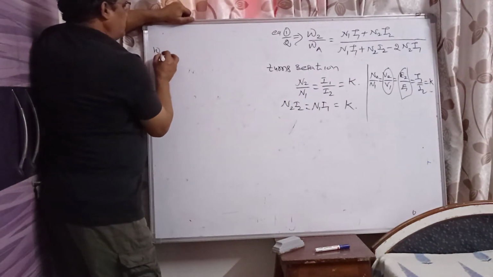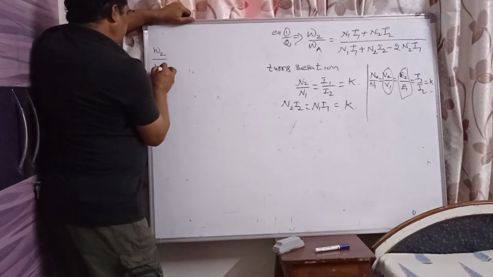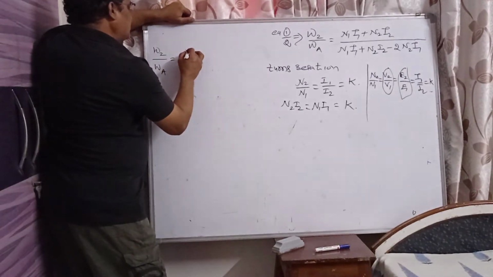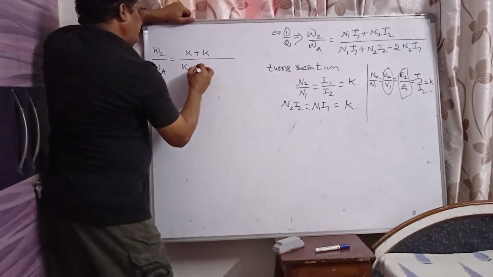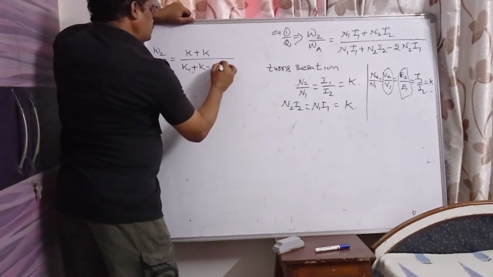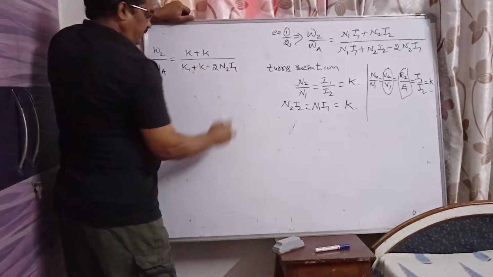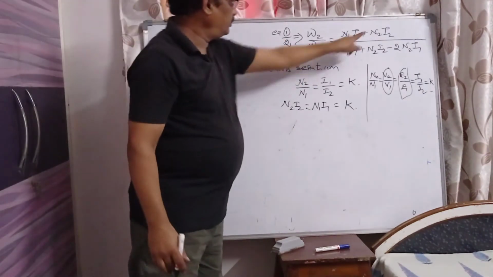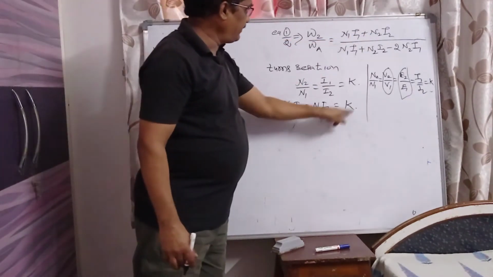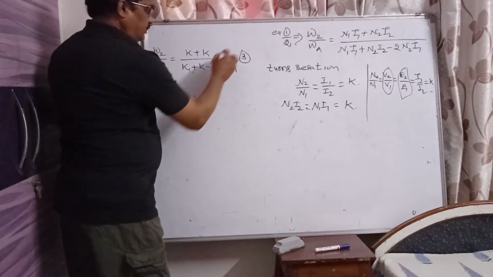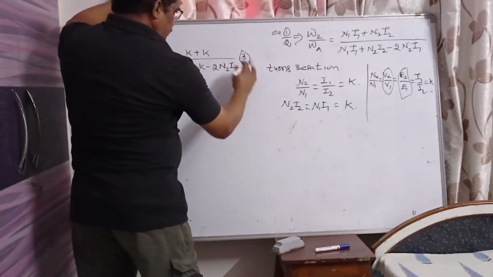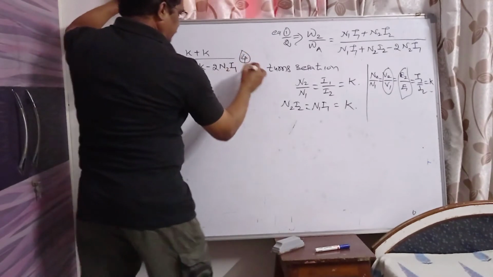So W2 upon WA is equal to K plus K upon K plus K minus 2 N2 into I1. N2 I2 is equal to K, N1 I1 is equal to K. I have put, so this is 3. Now suppose this is 4 and this is 3.